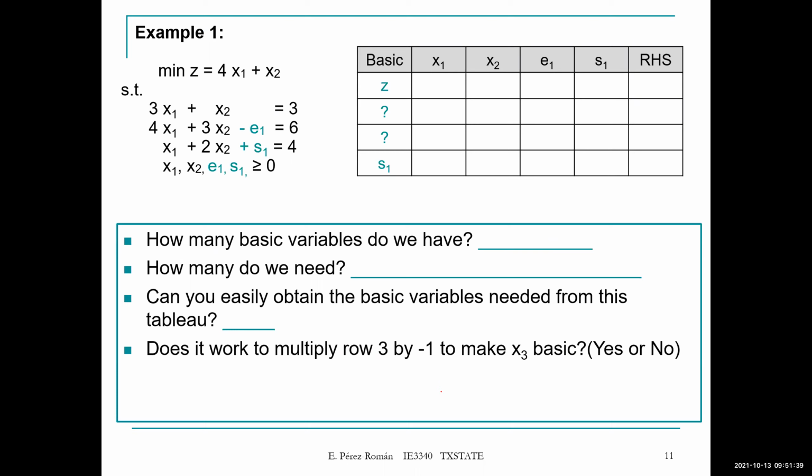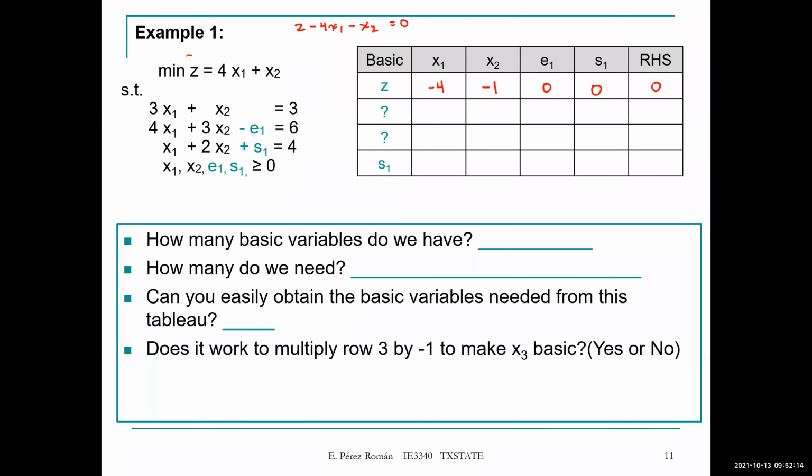We have the equation form. If you remember, for the objective function, we have to move everything to the left, right? So this is going to be z minus 4x1 minus x2 equals 0. What that represents here is that we're going to have minus 4, minus 1, then 0, 0, 0.